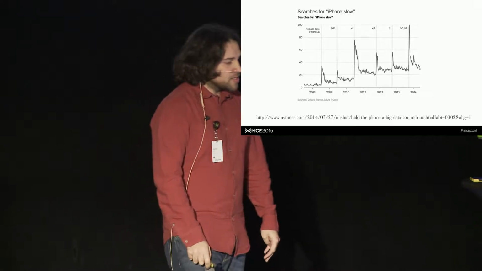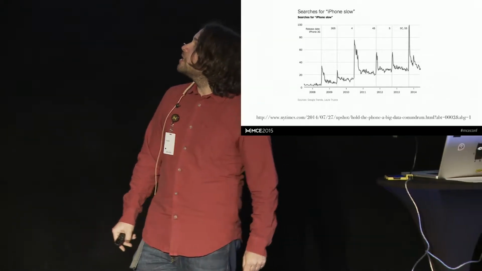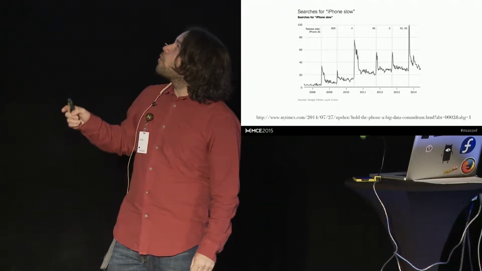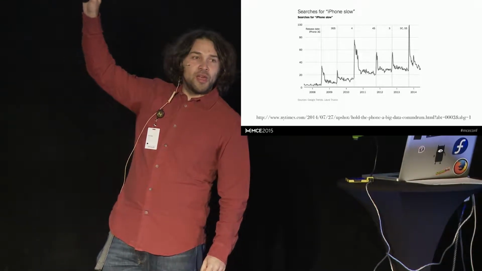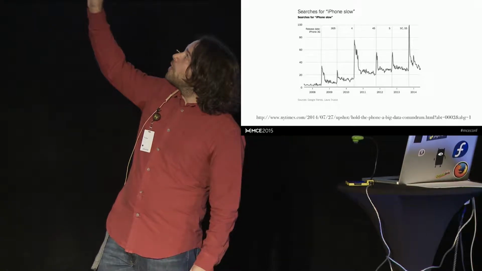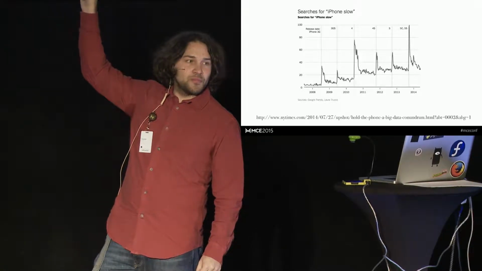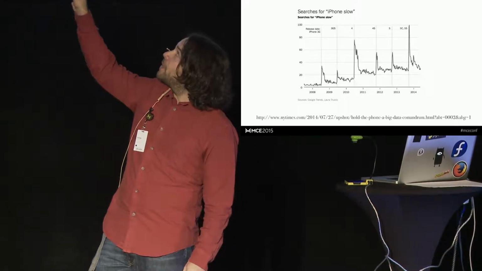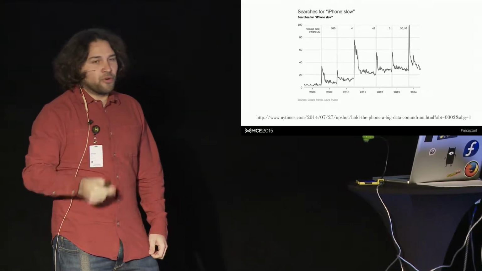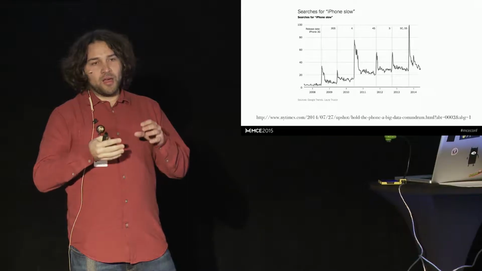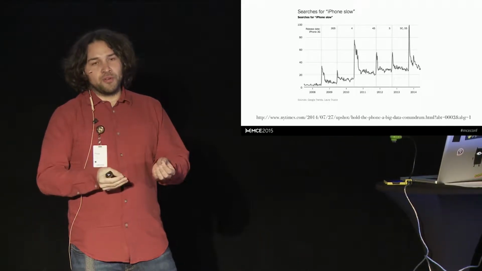In this one, she used Google Trends to compare two searches. One was iPhone slow, and then she correlated it with the time when a new iPhone was released. So if you see, people were searching for iPhone slow a bit before or during the new release of an iPhone.